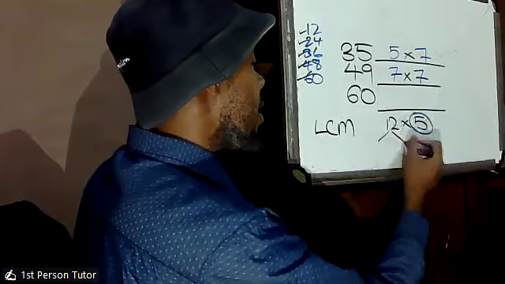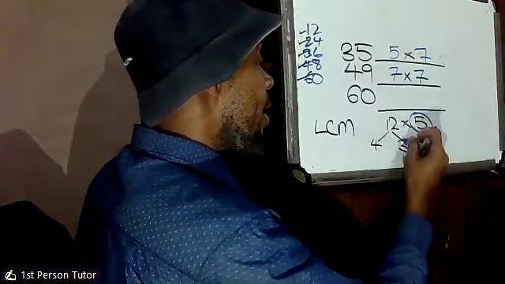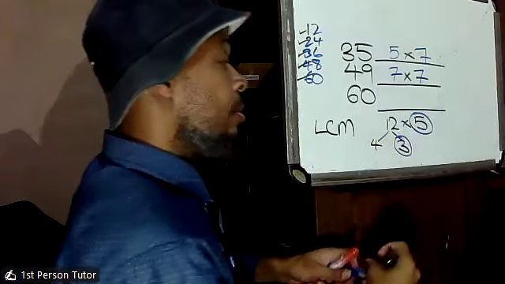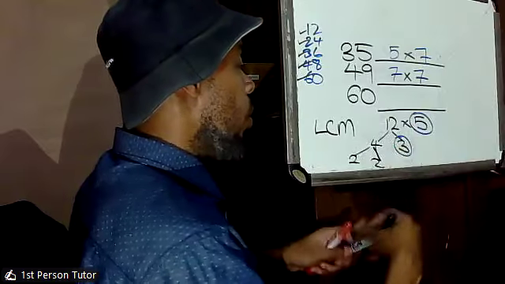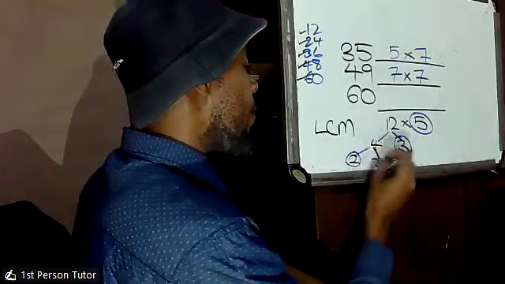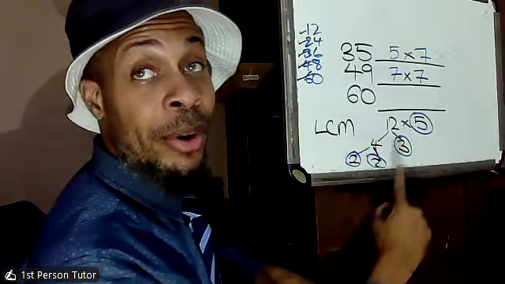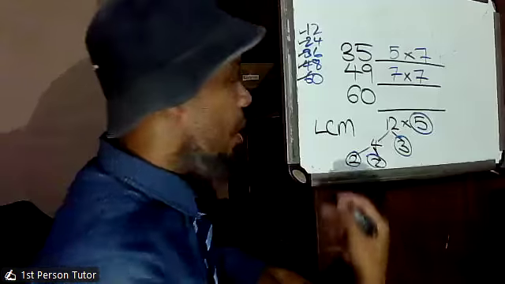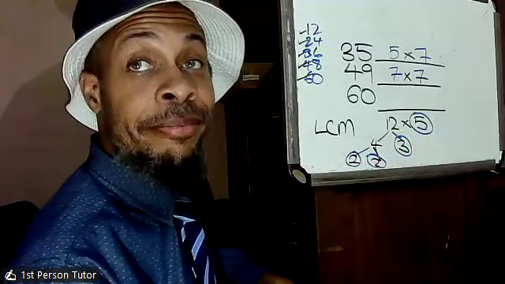So, you can say 4 times 3, where 3 is prime. And then 4 is 2 times 2, where these numbers are prime. So now, even if you don't remember, you can at least put this factor tree together, and just like that, 2 by 2 by 3 by 5 is right there.